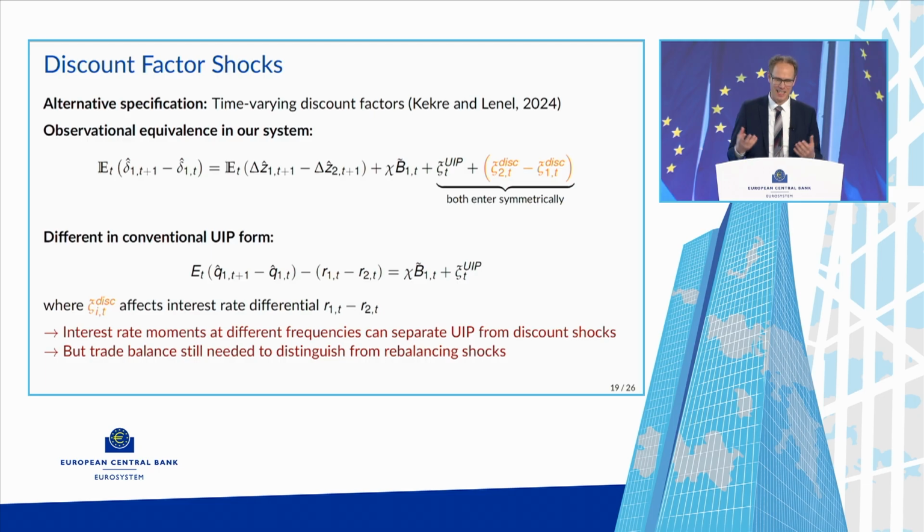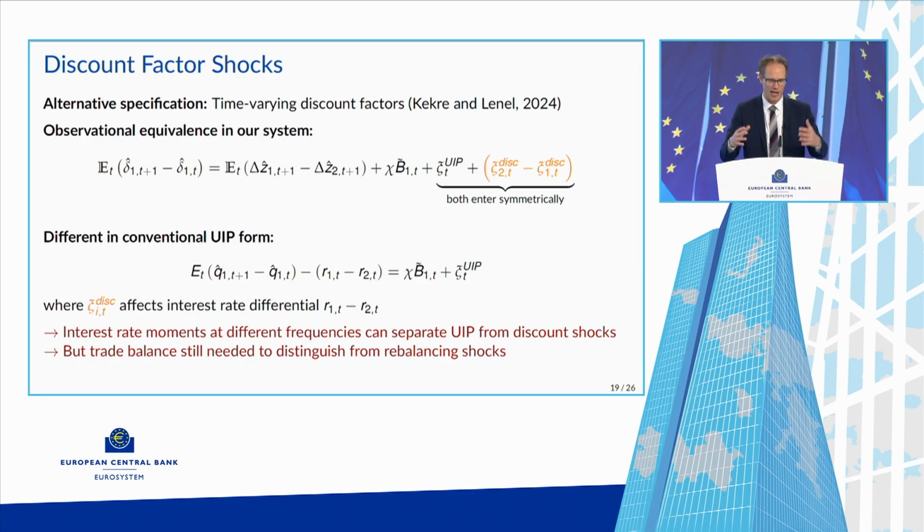I think the key point I want to convince you of here is that the discount factor shock, so this is a shock to the beta in the utility function of the household, with how much they discount the future, is isomorphic in this formulation in these 3 equations. At least it's isomorphic with the UIP shock.